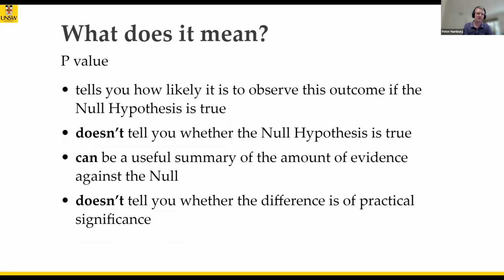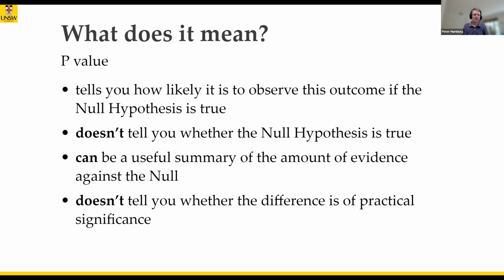If you're looking at the p-value from your analysis, what it tells you is how likely it is to observe an outcome as extreme as the one you did observe if the null hypothesis is true. And it doesn't tell you anything about how likely it is that the null hypothesis actually is true.